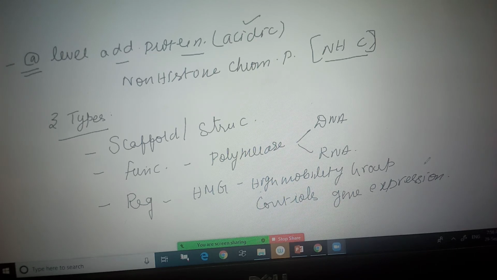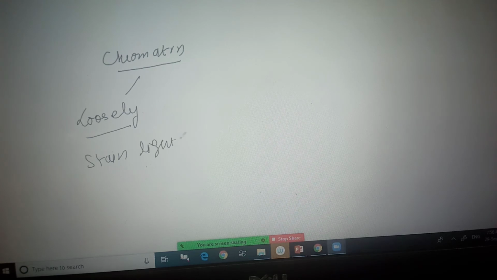One more point. Now in the nucleus, if you take chromatin, there are some regions that are loosely packed and stain light, and some are densely packed and stain dark.